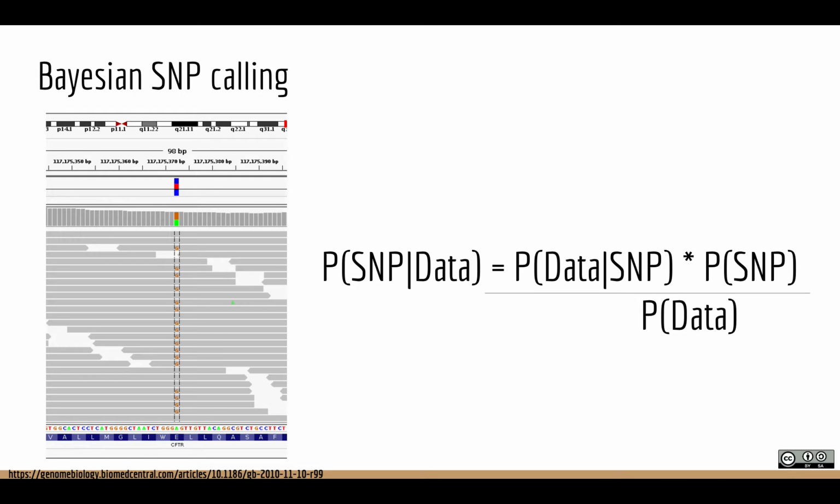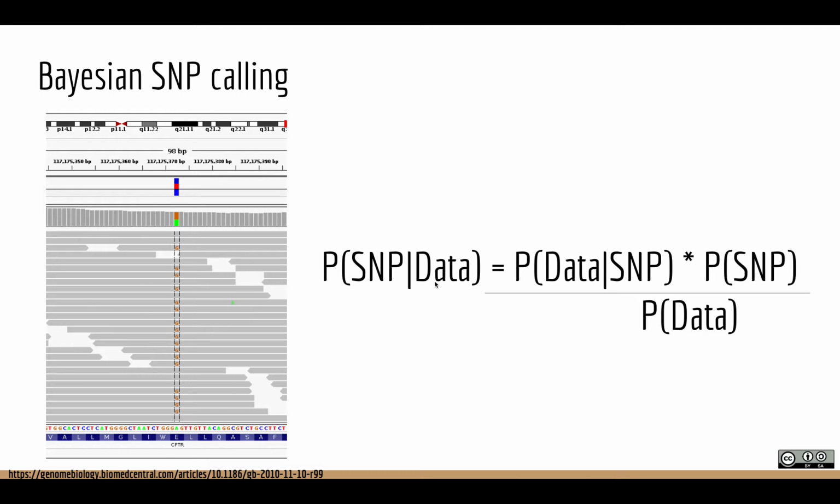All right, so let's connect it to what the lecture is actually about, which is SNP calling. So really, from a very high level, what we're trying to evaluate using Bayes' theorem, and this was established with PolyBayes from Gabor, is what is the probability that there is a SNP at this site given the data?